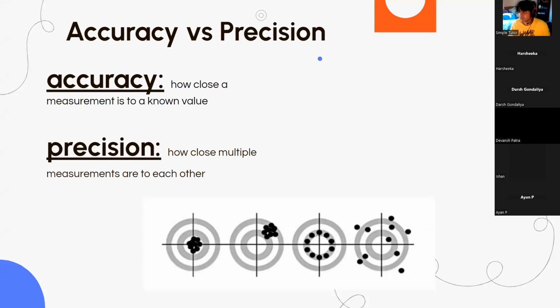Really a good way to envision that is, for example, we have a measured value of a pillow. We'll say that our known value, it's just completely random, is 2 pounds. And we measure a pillow and we find that value to be 1.9 pounds. Therefore, it is pretty accurate within a certain error, but overall, it is very close to the value that we are given.